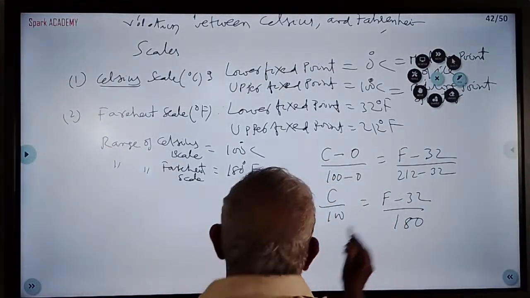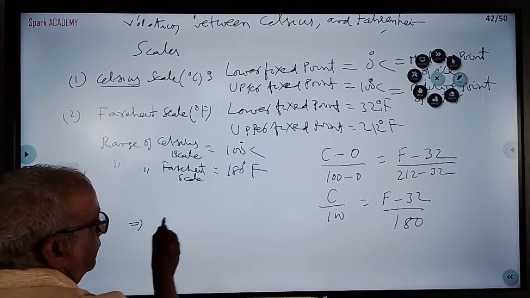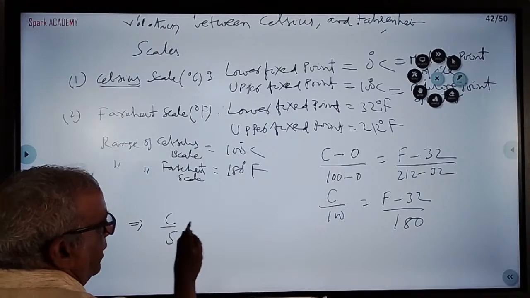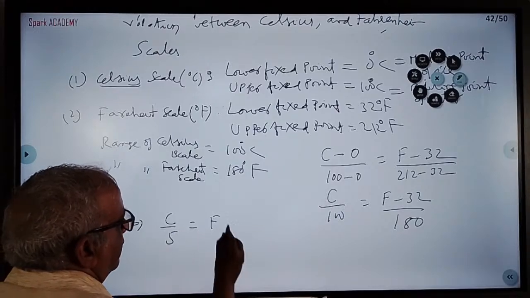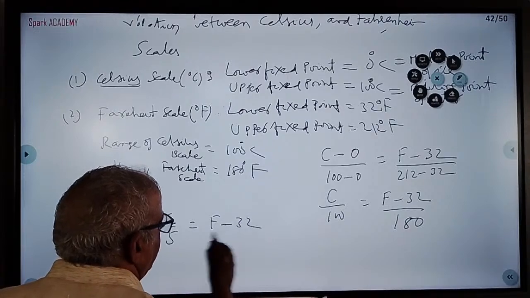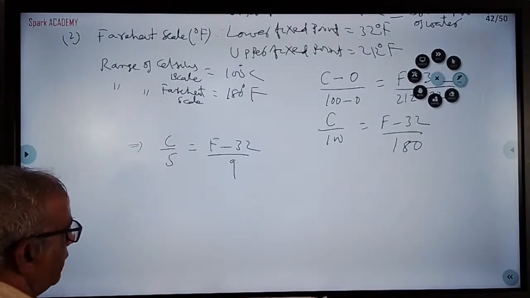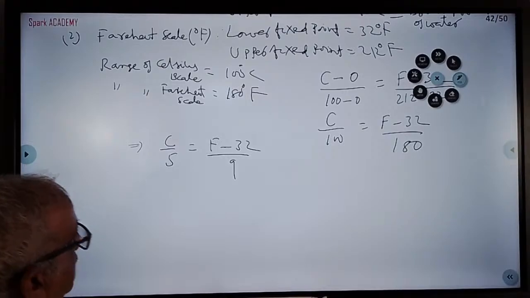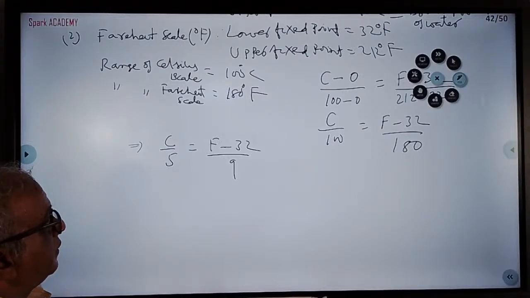If I simplify it, C by 5 is equal to (F minus 32) by 9. This is the simplified relation. Now I want to relate Fahrenheit and this one. 9C by 5 is equal to F minus 32.